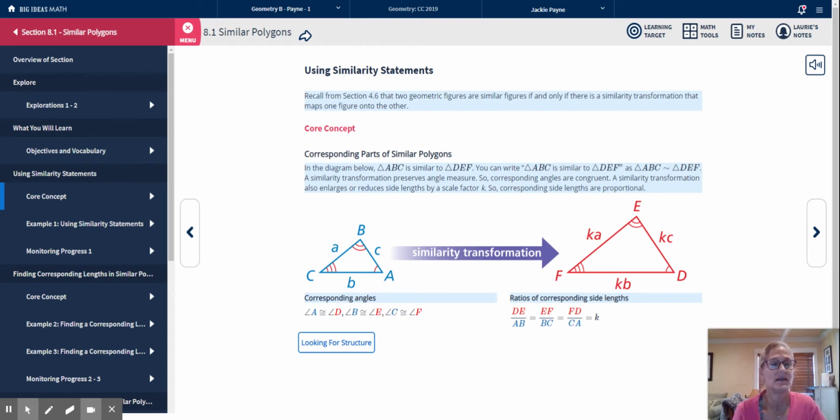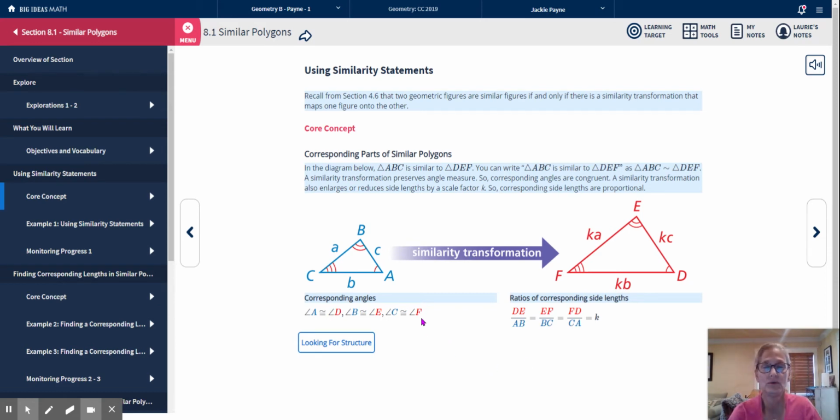A similarity transformation preserves angle measure, so corresponding angles are congruent. A similarity transformation also enlarges or reduces side lengths by a scale factor k. So corresponding side lengths are proportional. That's the same k that we were talking about in 4.5 and 4.6.